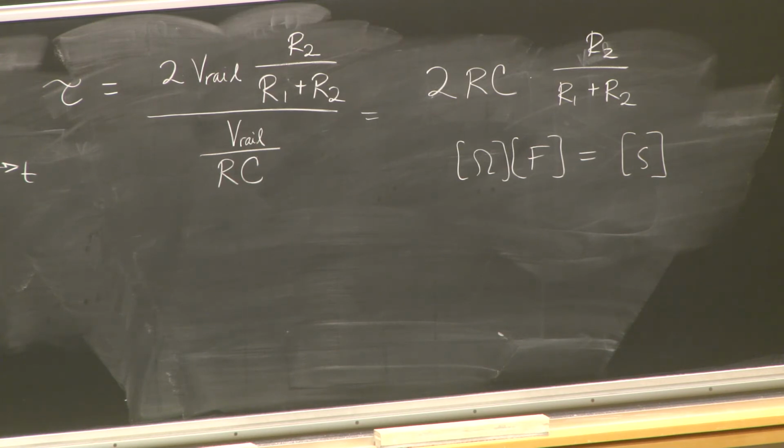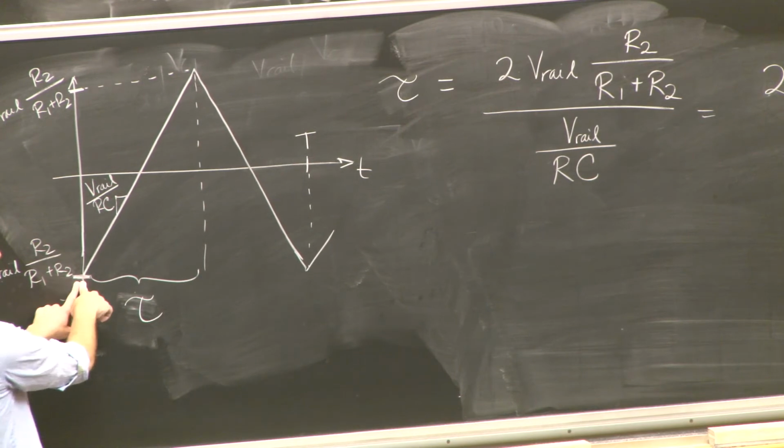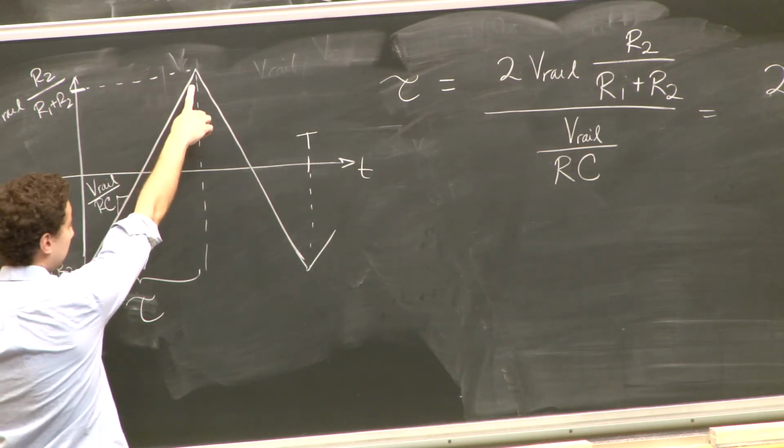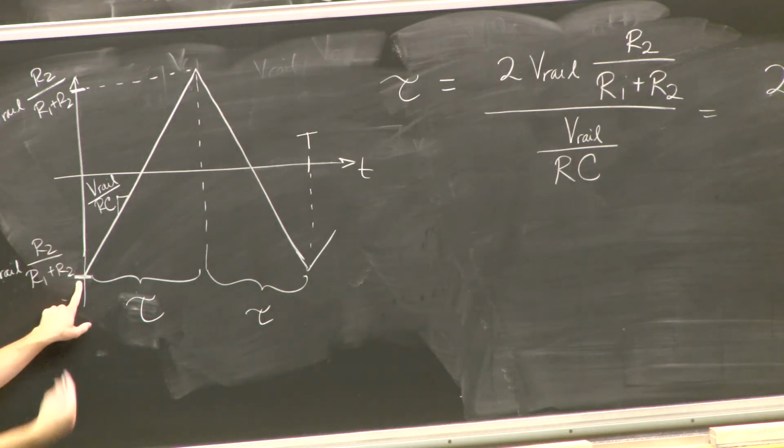What is the period now as a function of what we just calculated, tau? The period t is just equal to 2 times tau, right? It takes us 1 tau to get from the negative voltage all the way up to the positive voltage, and it takes another tau to get back down.